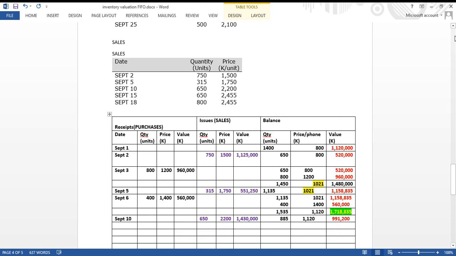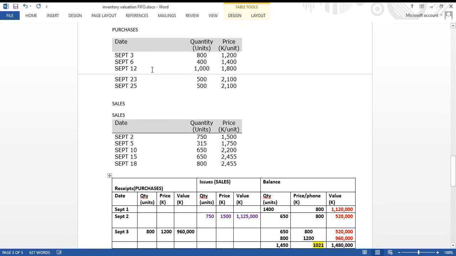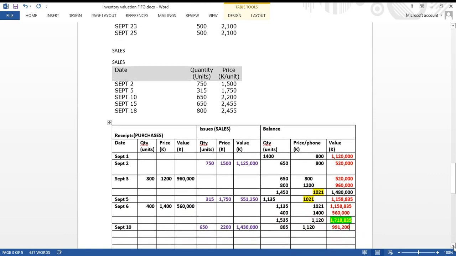Okay, next transaction. September 12th, we purchase 1,000 units at 1,800.